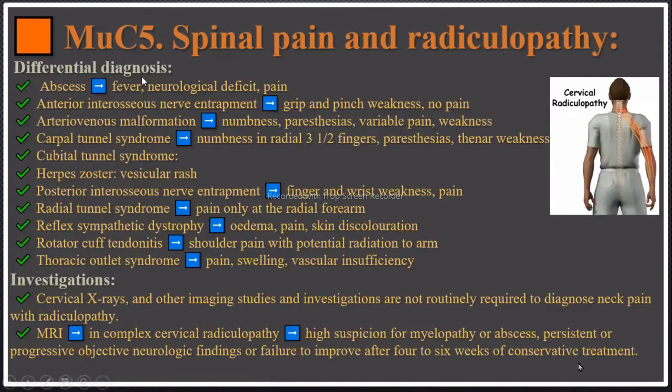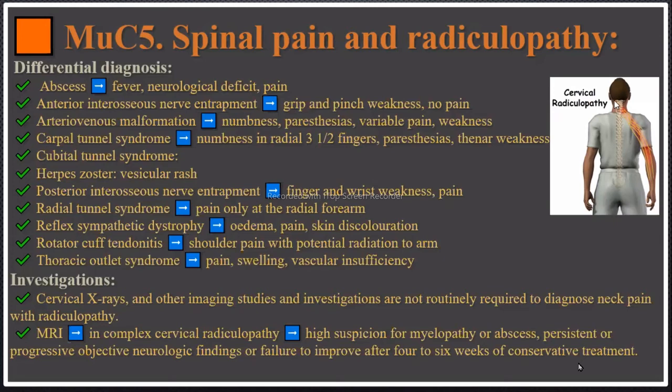Differential diagnosis. The patient has spinal pain and radiculopathy, same as back pain. Back pain, neck pain, or spinal pain with radiculopathy have the same causes, okay? But here in radiculopathy, we are talking about from the cervical spinal cord up to the fingers.